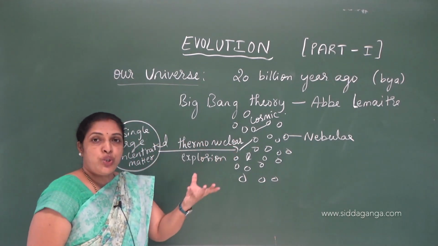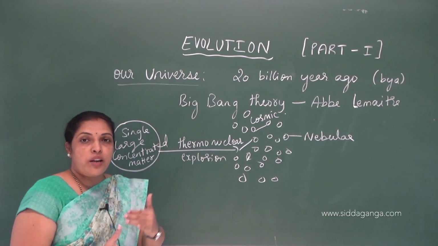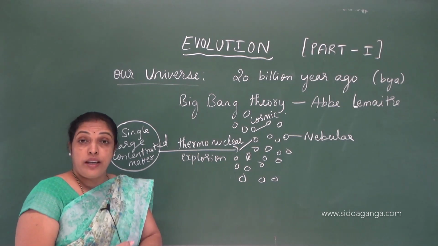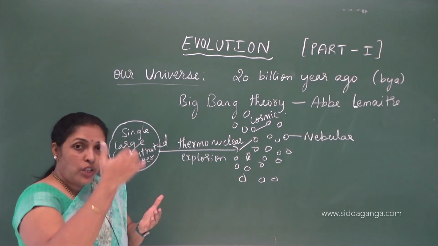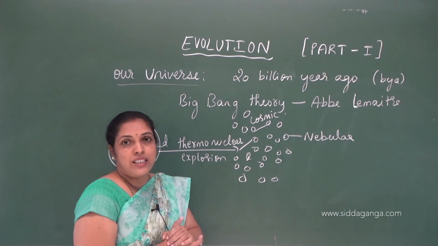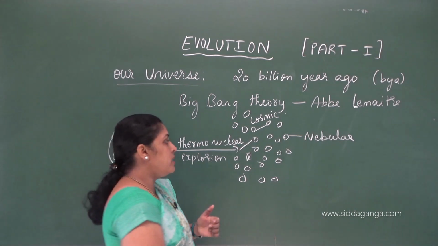After this explosion, when the universe expands, temperatures start coming down. That led to the formation of hydrogen and helium after some time. Then gradually as the temperatures came down, the gases started condensing and formed galaxies.